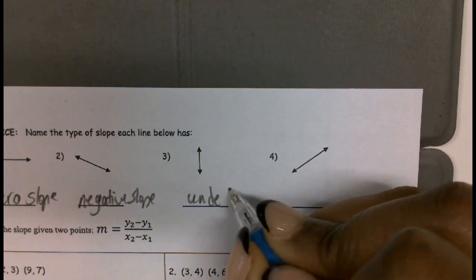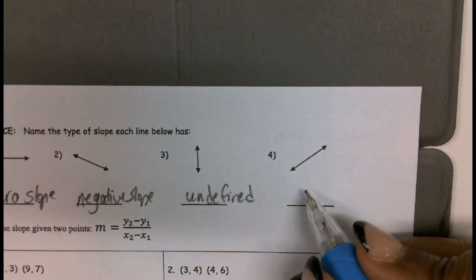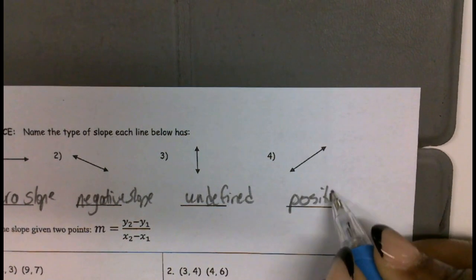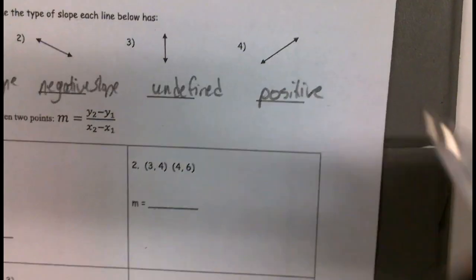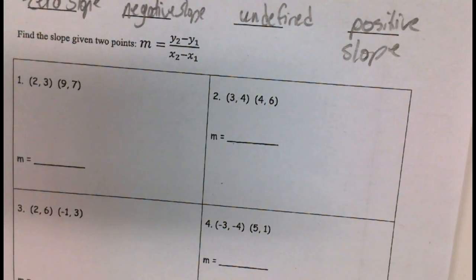Undefined slope. Very good. Keenan, what kind of slope is number 4? Positive slope. Very good. Let's prepare ourselves for lunch. When we come back, I need you to complete 1 through 6. Any questions? All right.